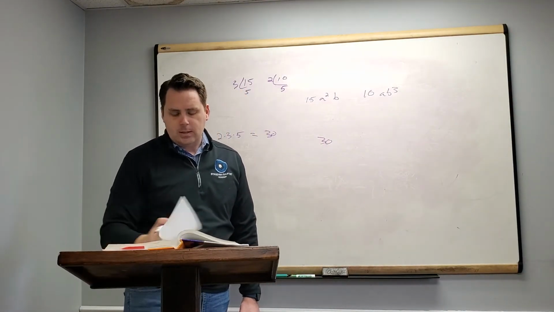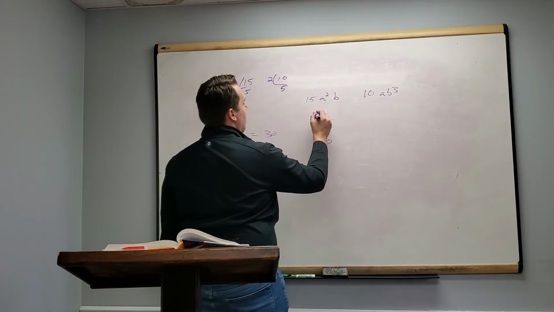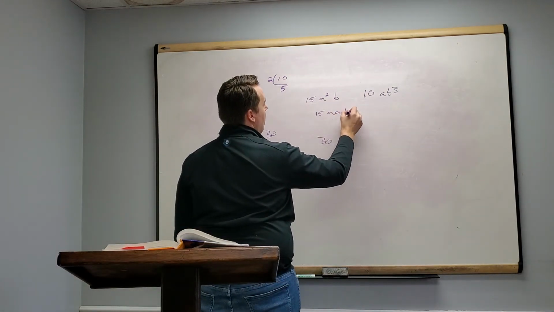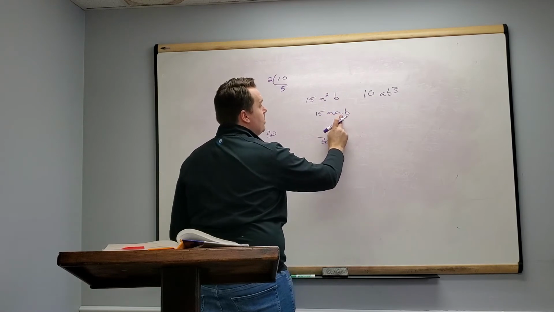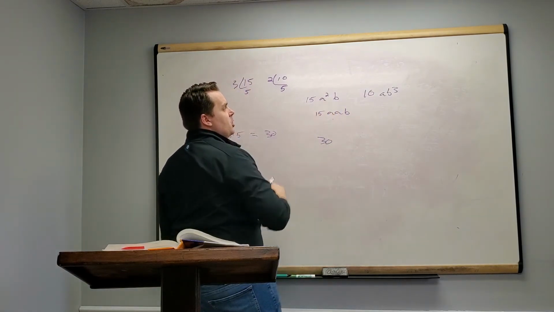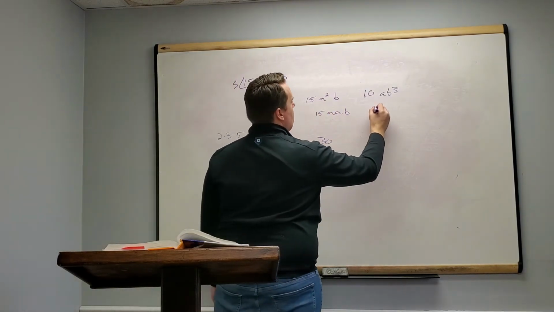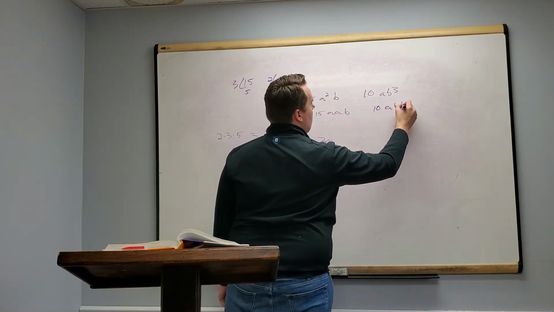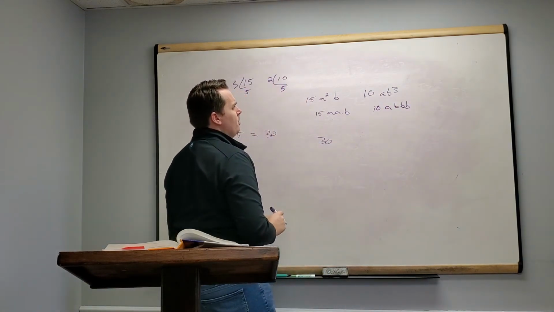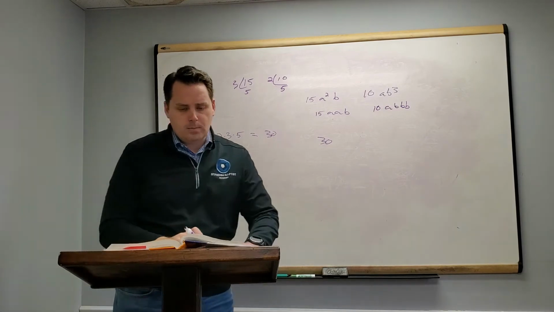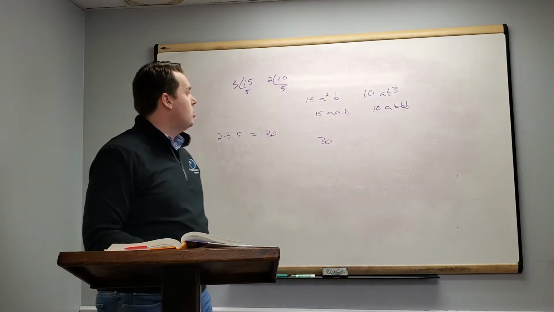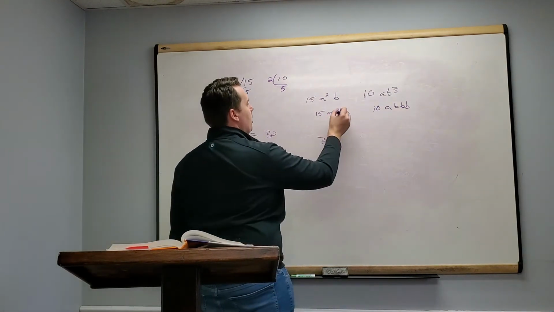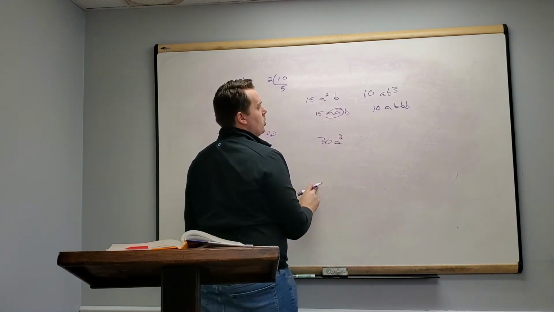Now, if I expand this out, I had 15ab, because a to the first times a to the first is a squared. Remember, you're multiplying. And 10ab times b. We're going to use the most times it was used. A was used twice right here, so it's a squared.